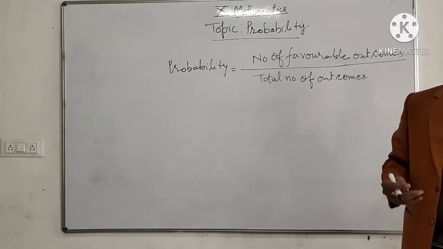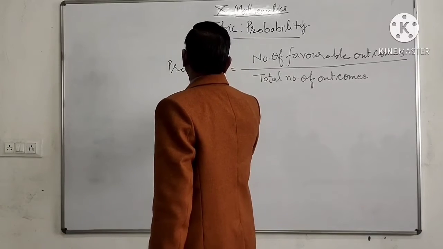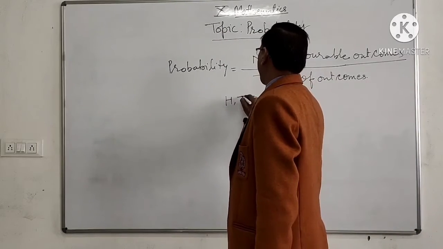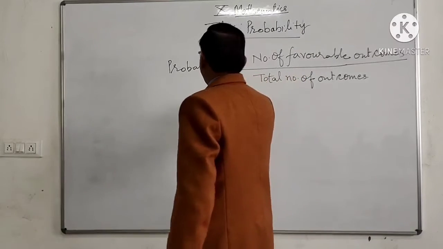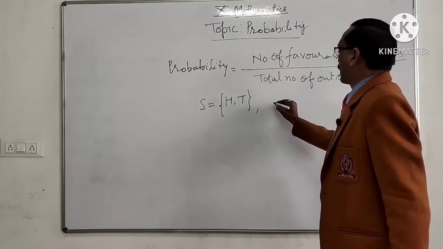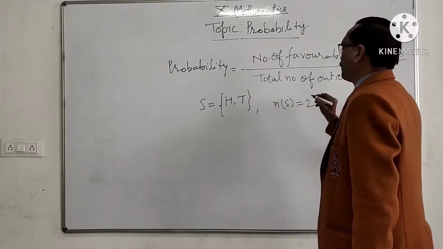Student, if we toss a coin, then the total number of outcomes is 2, H means head and T means tail. Actually, it is called the sample space. So here the number of elements in S is equal to 2.